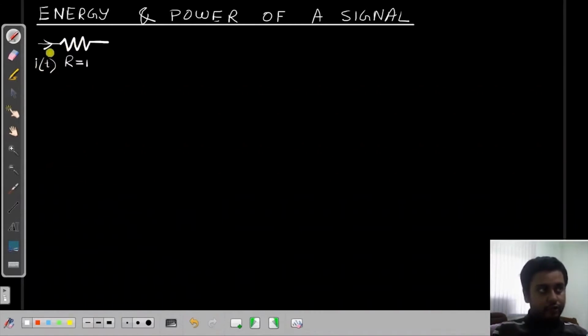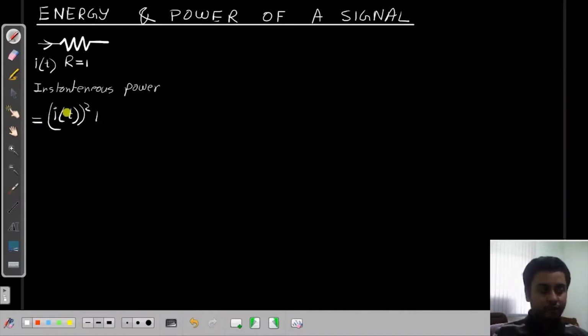Now for this situation, instantaneous power at any moment is given by Joule's law, i square t into r, and r is equal to 1, so multiplied by 1.